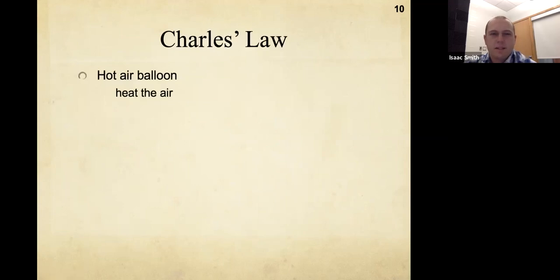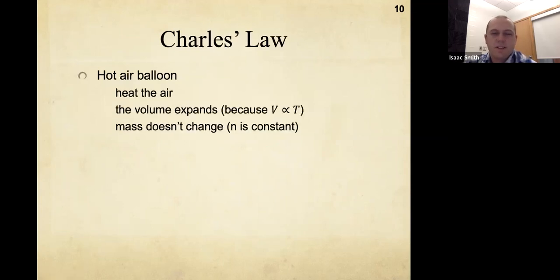This is just an example of Charles' law. When you heat the air inside of the hot air balloon, the volume is going to expand, and the gas is in the balloon and it's not going to come out the bottom. So it's going to stay up in the balloon.